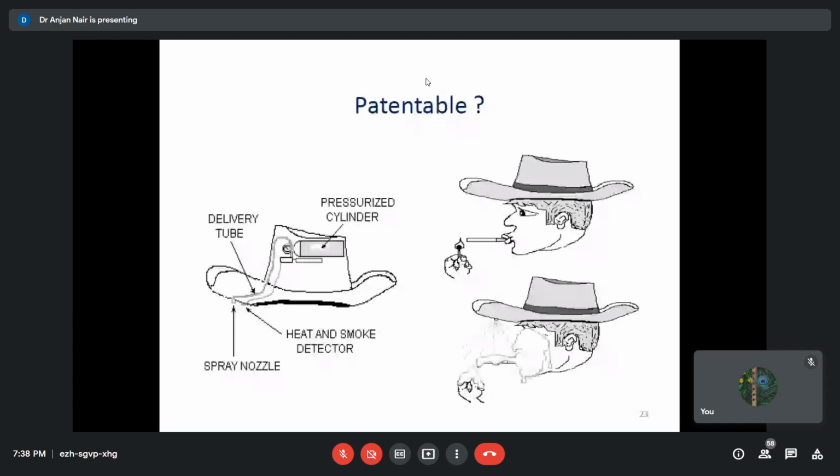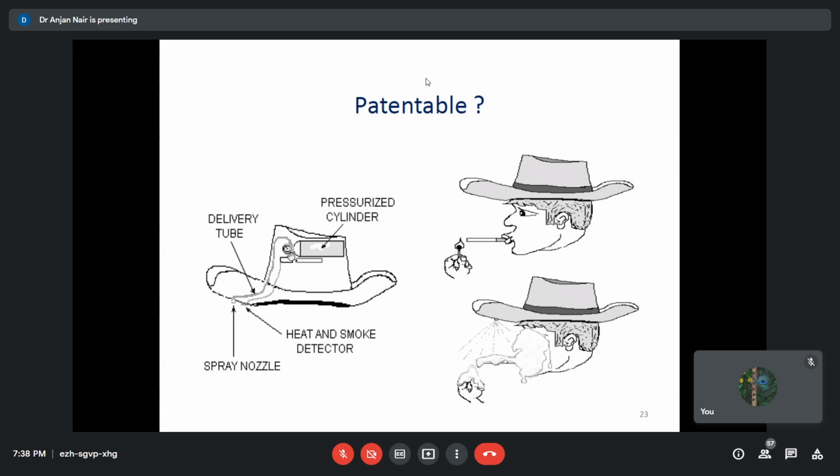You can see in the hat there is a mechanism. There is a pressurized cylinder, a heat and smoke sensor, and a nozzle connected to this pressurized cylinder. Suppose somebody is lighting a cigarette, the smoke and heat will be detected by the sensor.